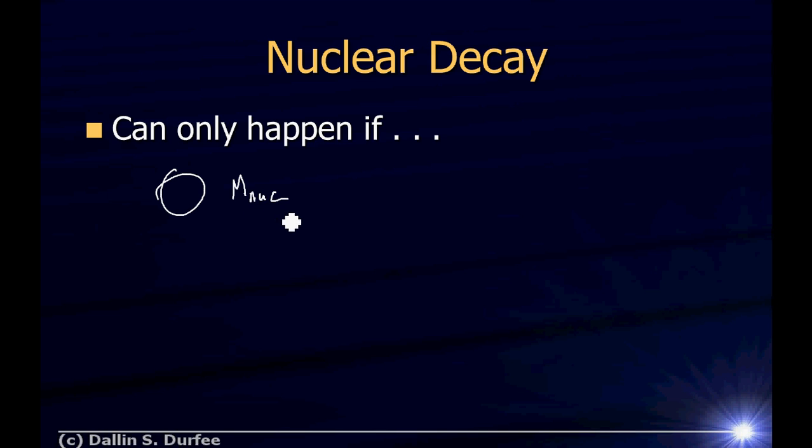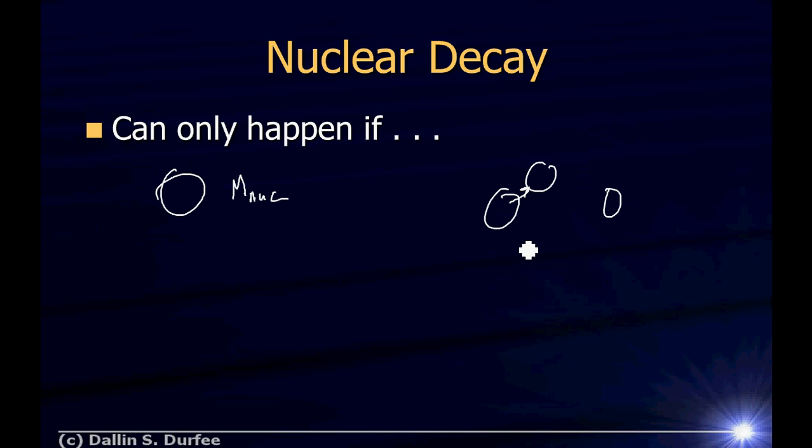Afterwards, I've got all my decay products, maybe an alpha particle or an electron. If this has more energy than this, I can't just spontaneously get there. If this has less energy, that's okay, because I can give some energy into kinetic energy. So if its rest energy is less than this rest energy, that's okay, because I can give it some kinetic energy to make things happen.